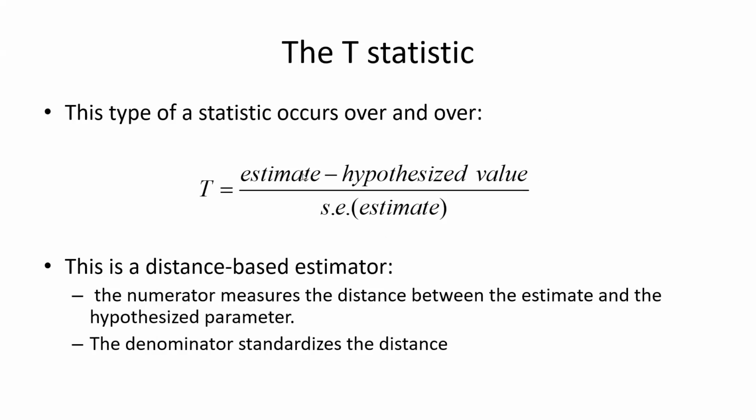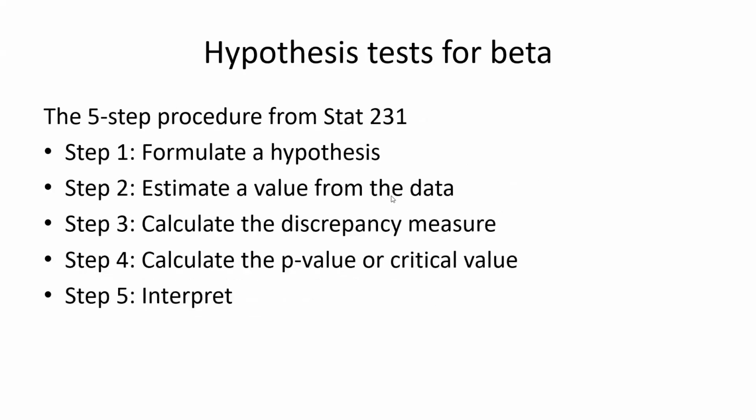It's a distance type estimate, where this is the difference between the estimate and the hypothesized value, and we're just standardizing to be able to use the same distribution for different combinations, different values. Having the distribution and the standardized statistic, we can now make hypothesis tests as usual for beta in this case.